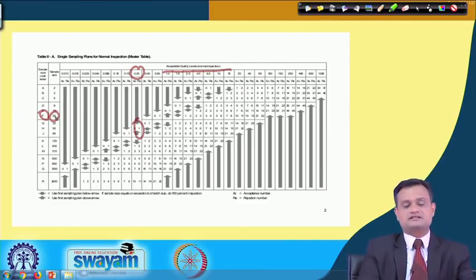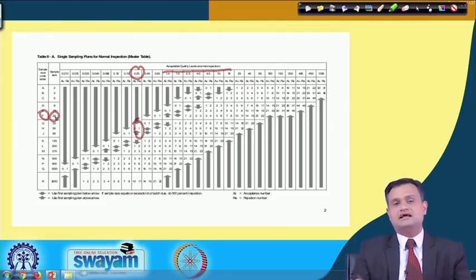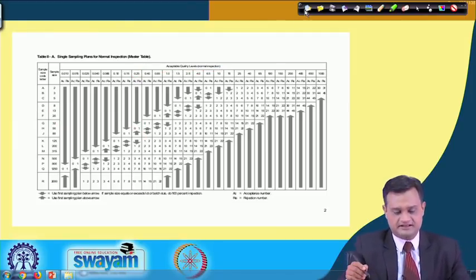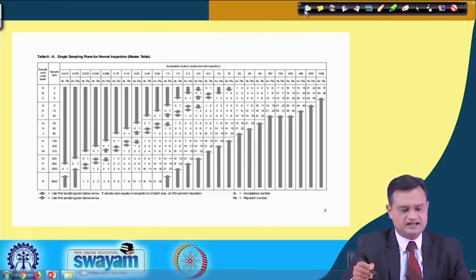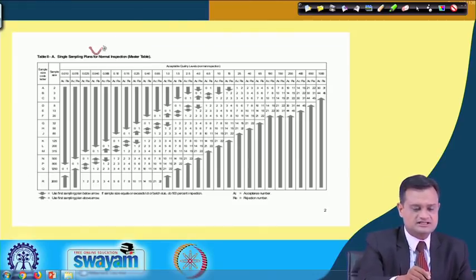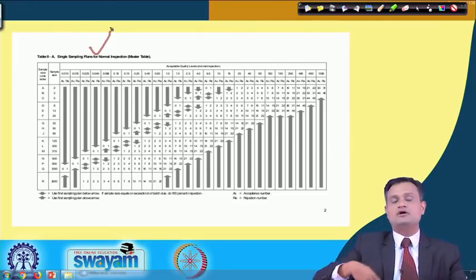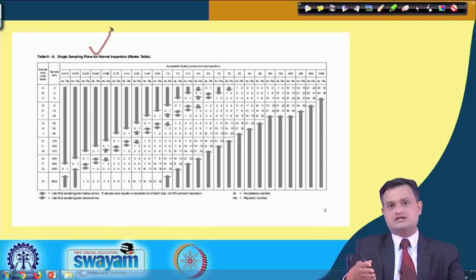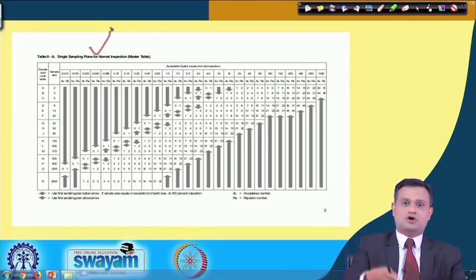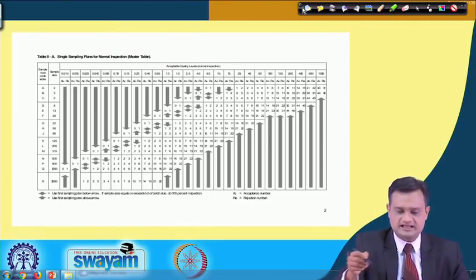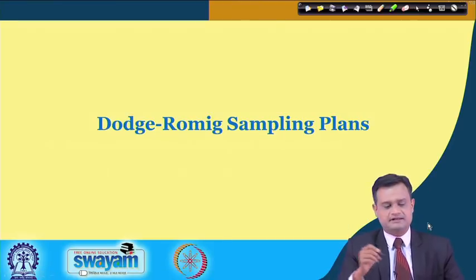Already I got the sample size and I can have my sampling plan. So this is typically the master table for single sampling plan for normal inspection. Likewise you will have many tables for single, double, multiple sampling plans as well as for tightened and normal inspection, and you can easily choose the sampling plan.